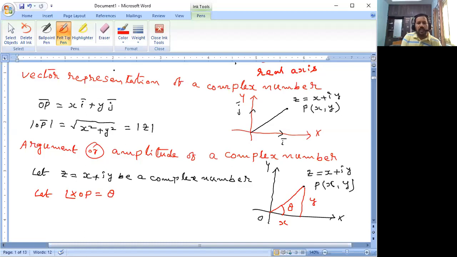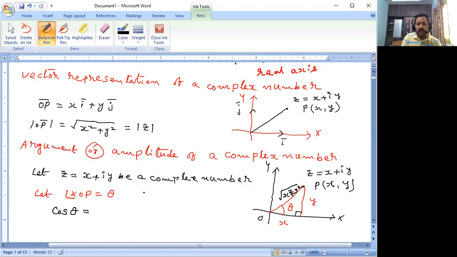Now by observing the right angle triangle, OP length is under root x square plus y square.